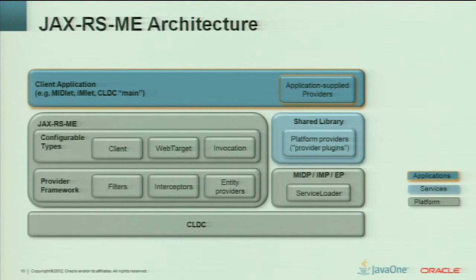These providers can be extended by platform providers, so by plugins as a shared library, if we have MIDP or IMP, or they can also be supplied by the application. So if an application wants to speak a very exotic language or needs to support a very specific protocol, like CoAP, for example, this could be provided as part of the application, or as part of a shared library.